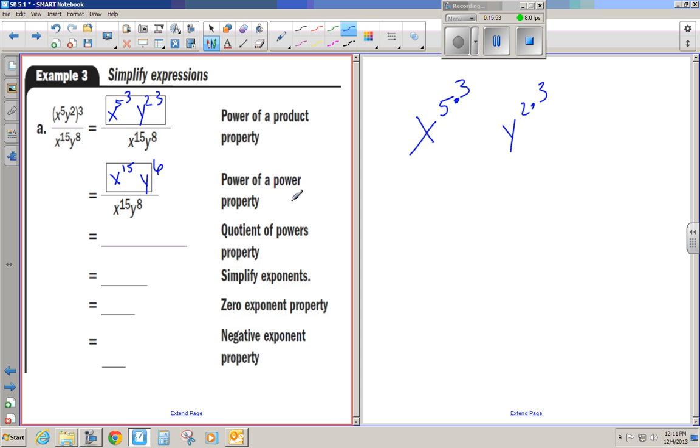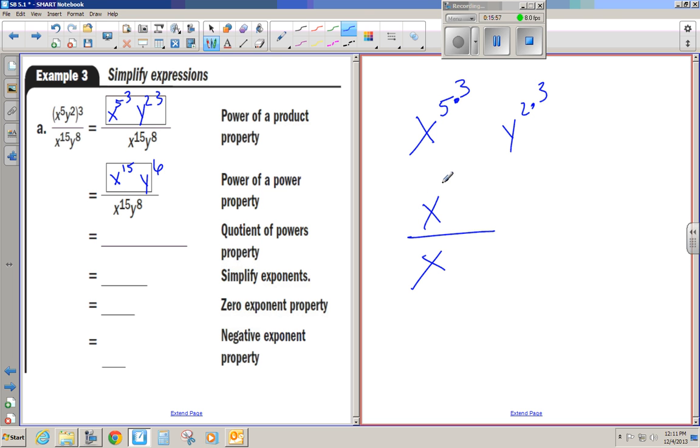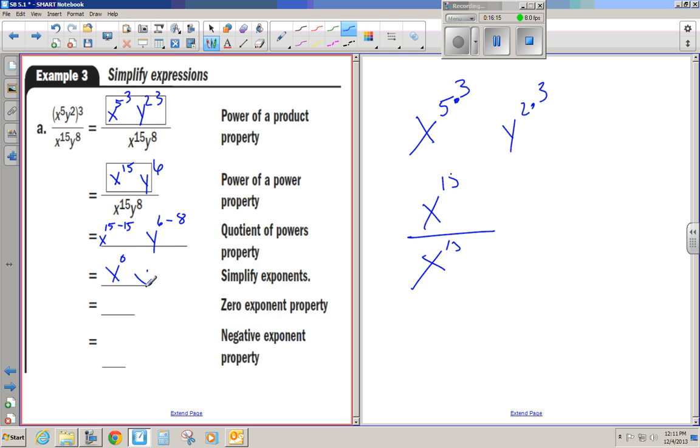Now, the quotient property says whenever we have similar bases, we subtract the exponents. So now we have x to the 15th minus 15, and y to the 6th minus 8. So 15 minus 15 is x to the power of 0. 6 minus 8 is y to the power of -2.